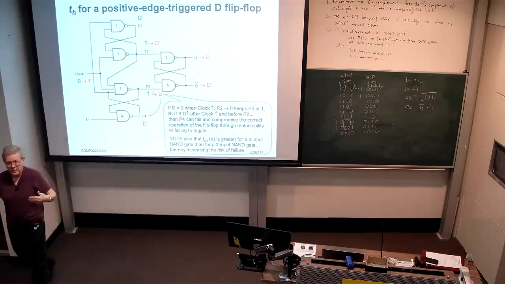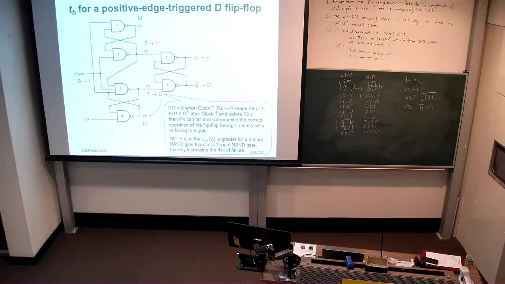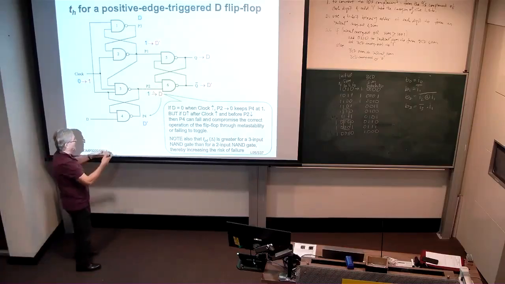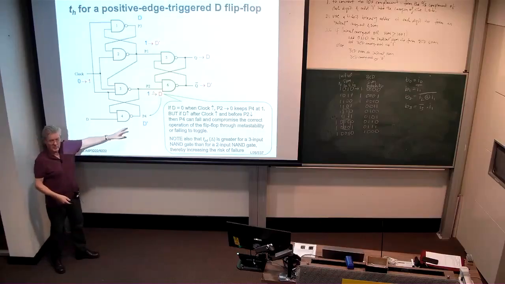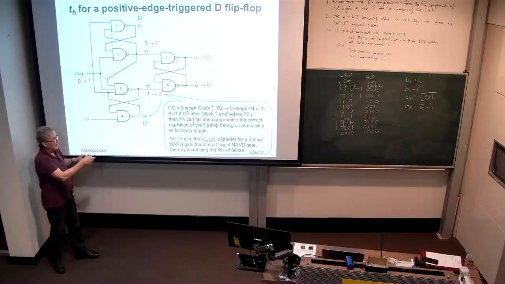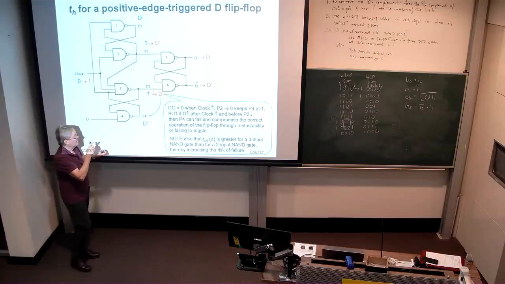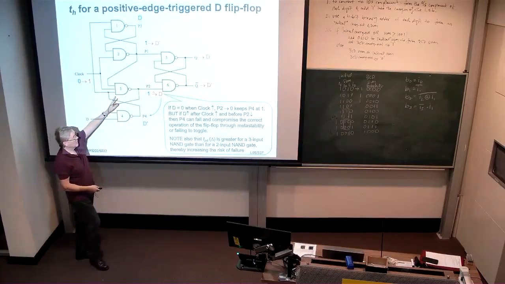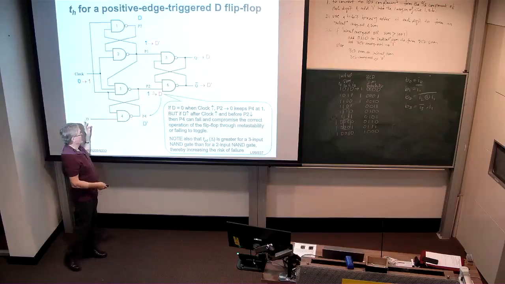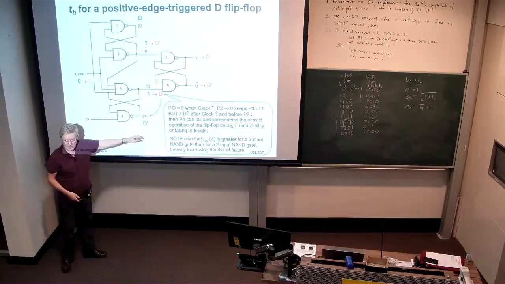And so that breaks the assumptions that we made about this positive edge triggered flip-flop, that P2 is always at 0 before we get any change in D. If that is the case, fine. We're going to be insulated from any changes in D. But if P2 takes some time to go to 0, and in particular, this 3-input NAND gate is going to be slower than this 2-input NAND gate, and therefore it's going to take longer for this guy to get to 0 than it takes this guy to invert D to D bar.